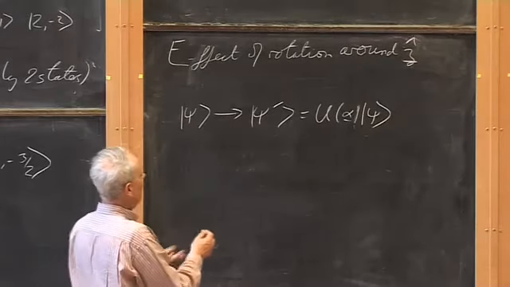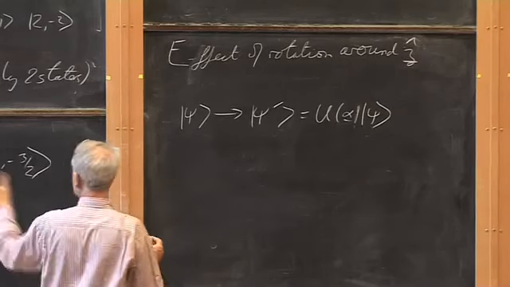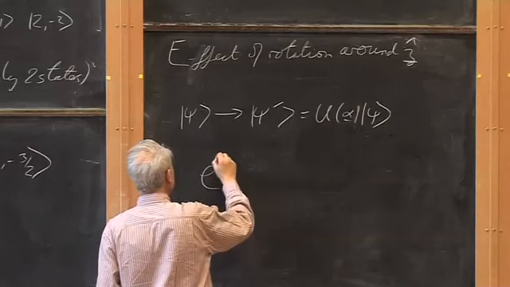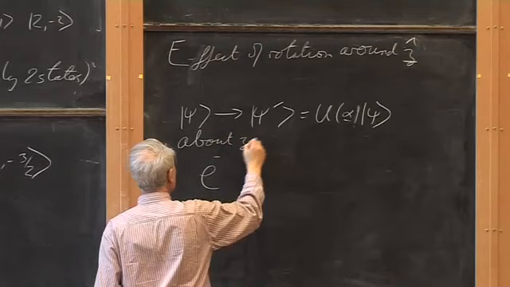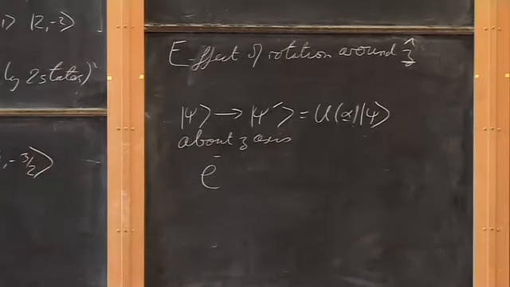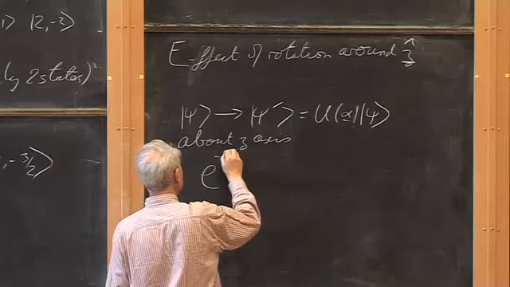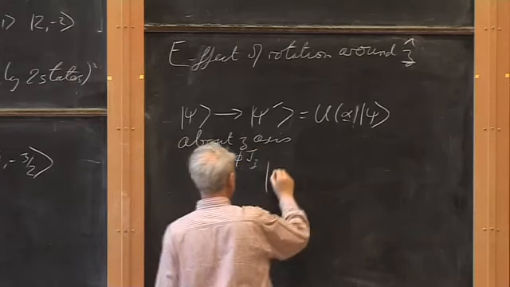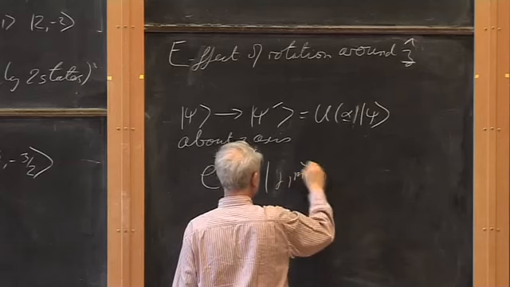So let's see what happens when we rotate a state of well-defined one of these eigenstates. Let's go about the z-axis, then alpha only has a component in the z direction, with magnitude phi, so this becomes e to the minus i phi Jz, where phi is the rotation angle, and let's use that on one of these jm states.